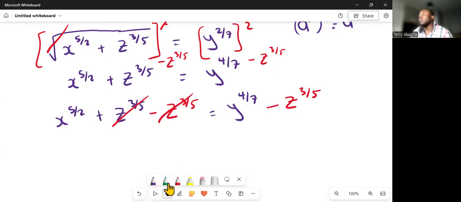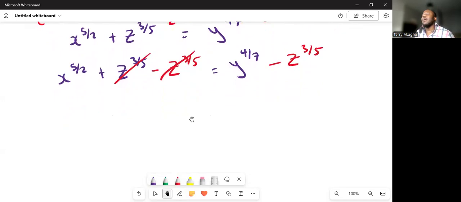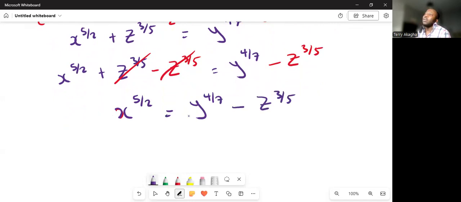Then after that, we'll have x to the 5 over 2 equal to y to the 4 over 7 minus z to the 3 over 5. Now we need to get rid of the 5 over 2, so we're going to apply the inverse function. So we'll raise this to 2 over 5. Are you seeing it?